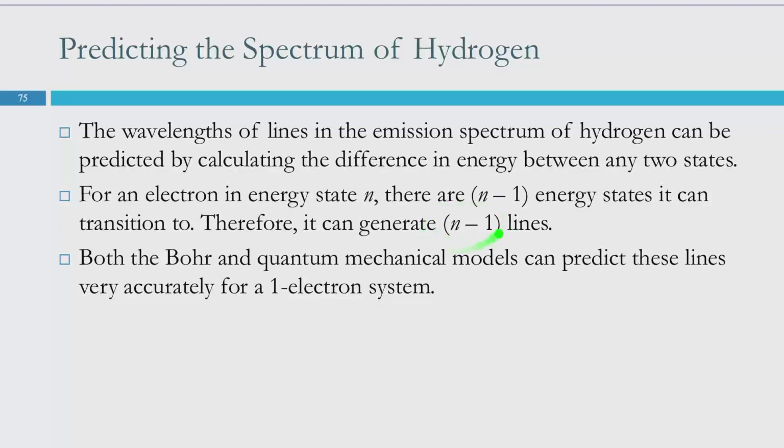And so it can generate one fewer line than the energy level that it's in, because it's already in one of those states, so it can't jump to that state. That's why it's n minus 1.